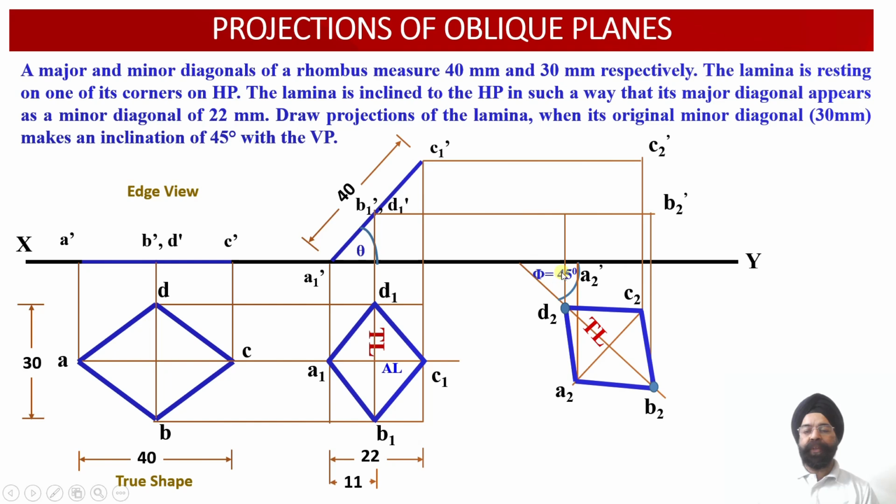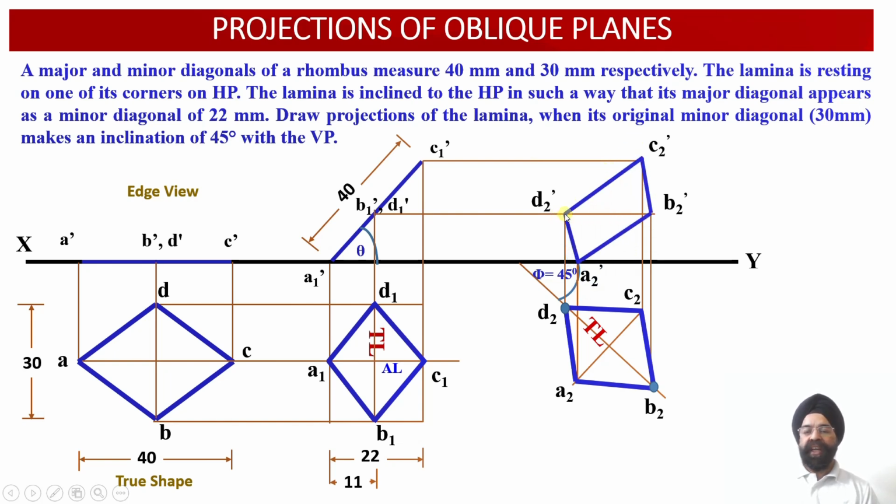So draw a vertical projector through D2 and extend it till it intersects with the horizontal projector line drawn through the point D1 dash. This way A2 dash, B2 dash, C2 dash and D2 dash points have been located in the front view projections.